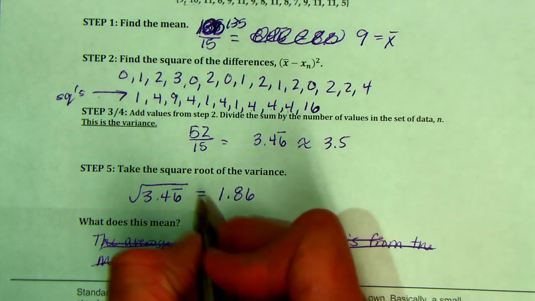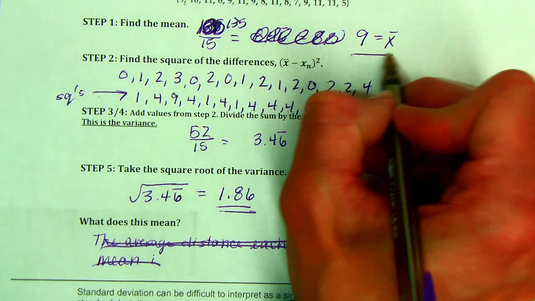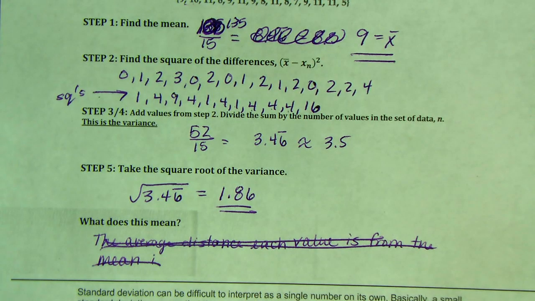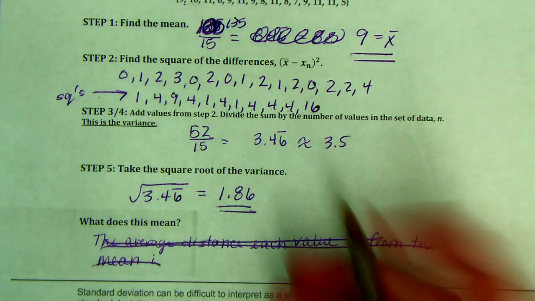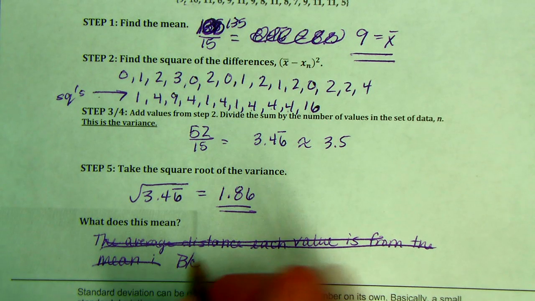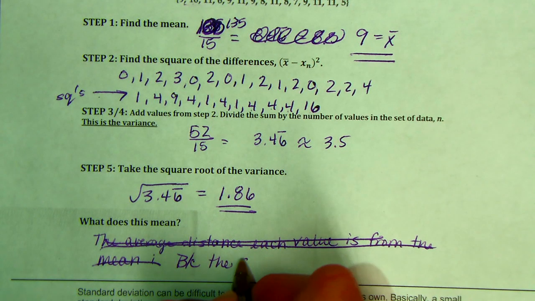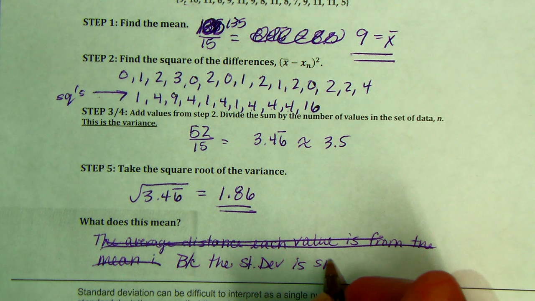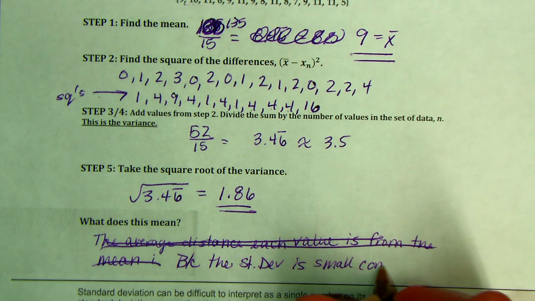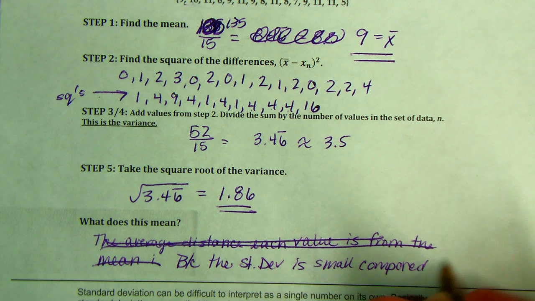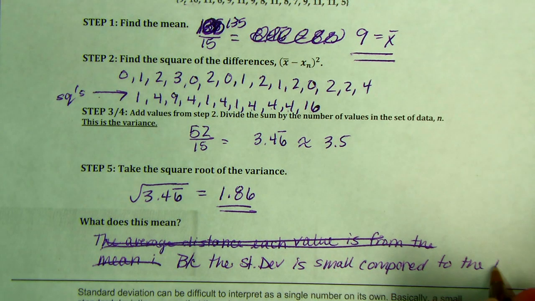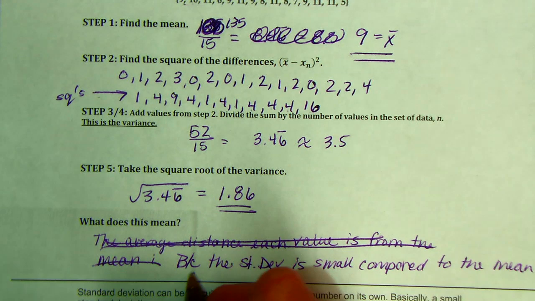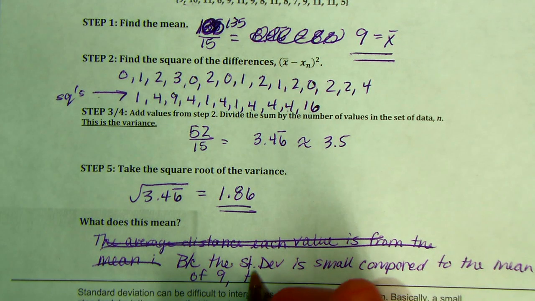what this means is because the standard deviation is small compared to the mean of 9, the values are, what's the word I want to use?